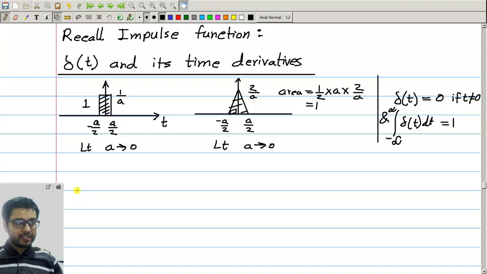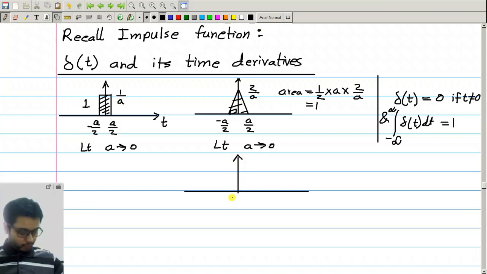Similarly, you may think of a Gaussian pulse, which looks like this.